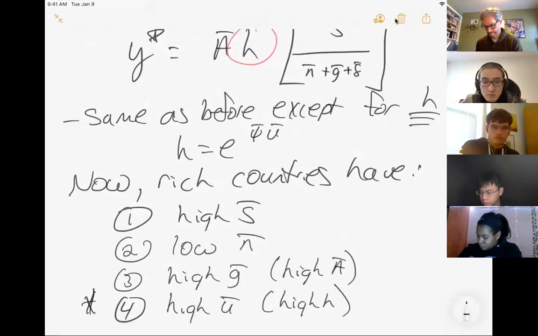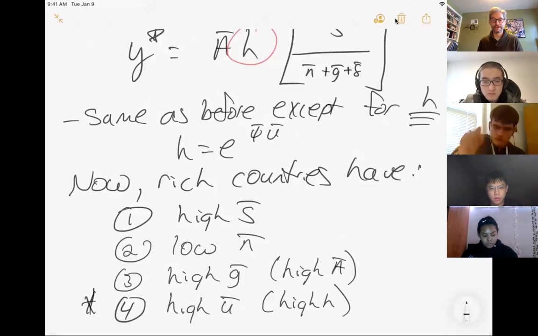Okay, that's the model. Once again, the simplest variant of the Solow model that we could come up with that incorporates some measure of human capital.